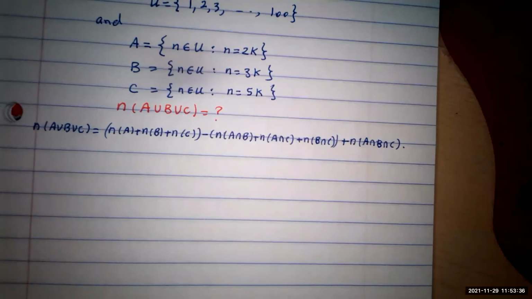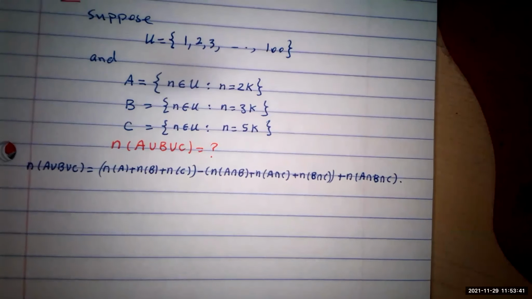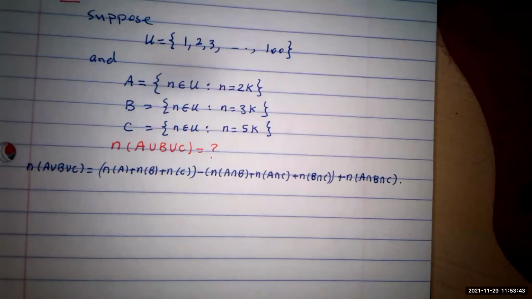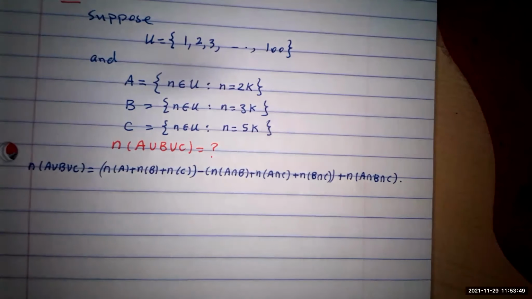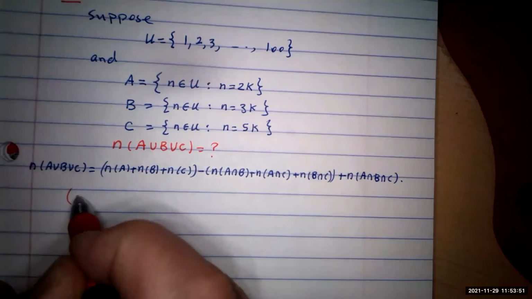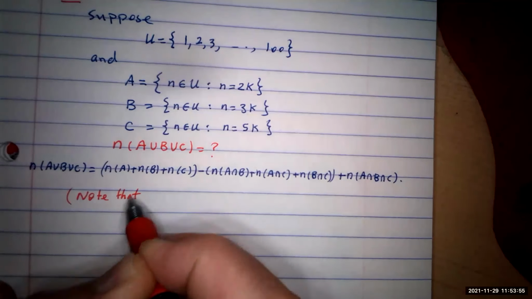Now, to find these numbers for the divisibility, there is an easy method that we're going to use. I'll just give you something that you can use. This is just a note for your information.